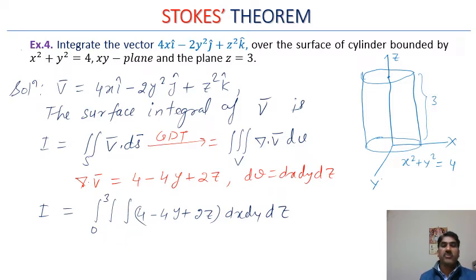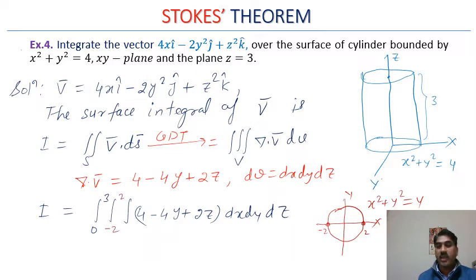So limits of x can be written, and let me draw the circle again. This is the circle x square plus y square is equal to 4, and this is x axis, y axis. So x square plus y square is 4, means the value of x varies from -2 to 2.